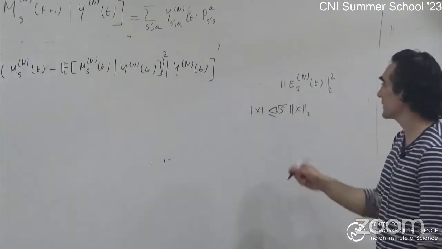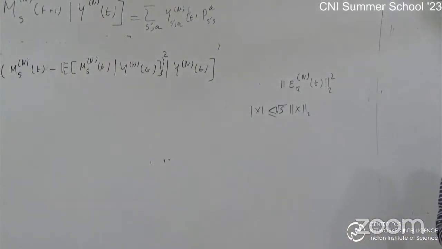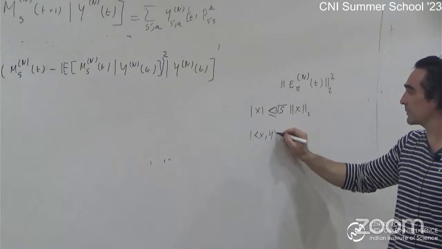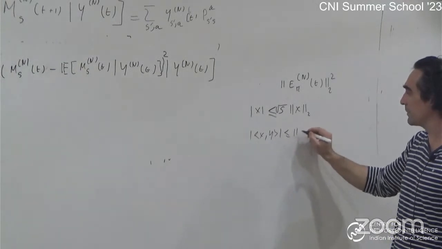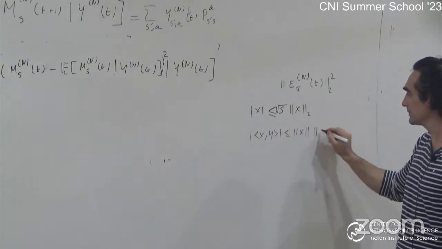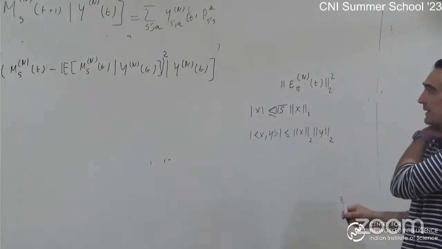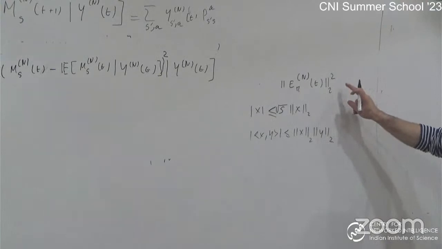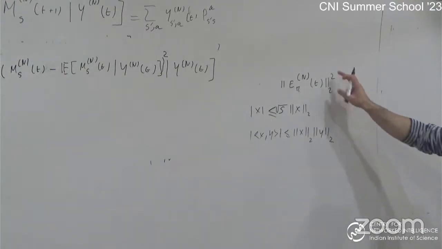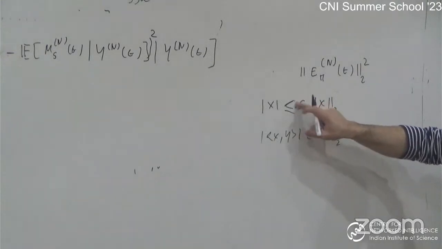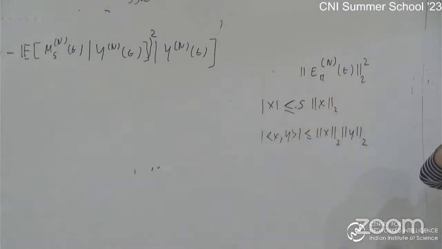This is coming from the Cauchy-Schwarz inequality, which just says that the scalar product between two vectors is smaller than the product of the norms. And if I'm able to bound that, you can just take the square root.